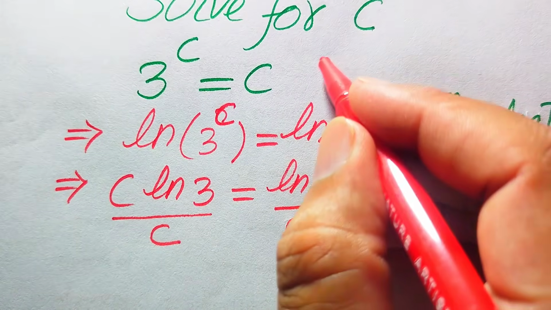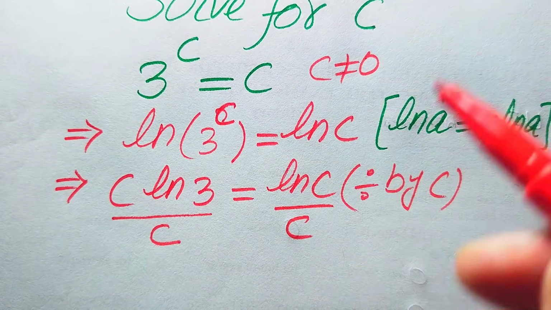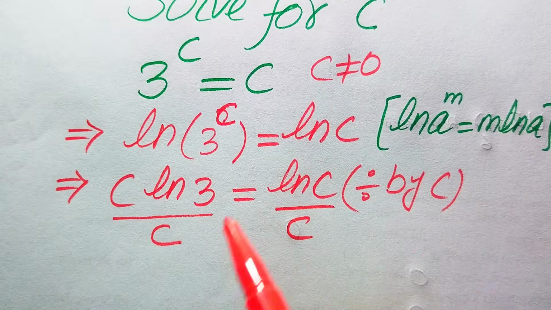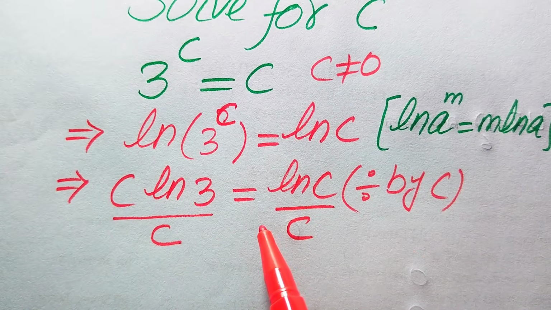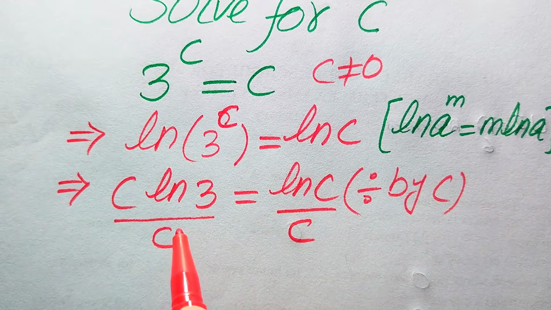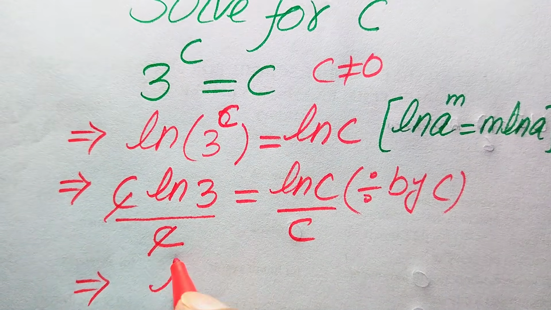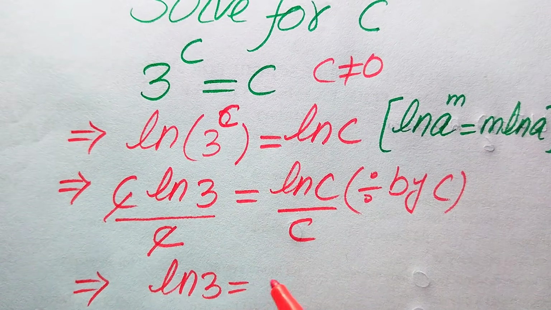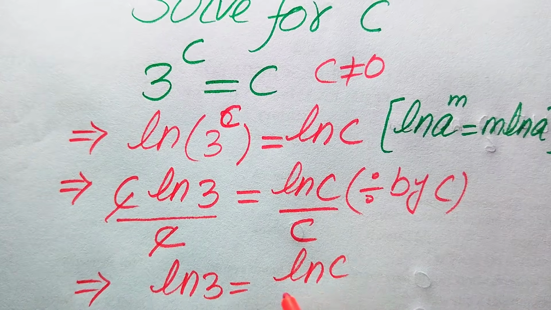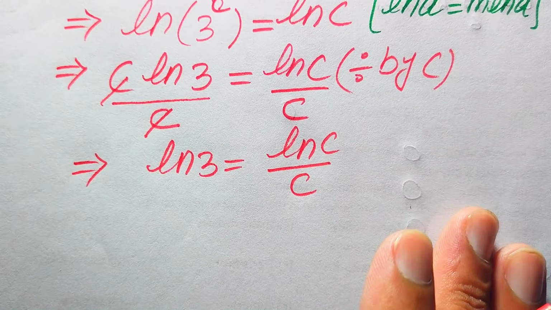Remember that c is a non-zero value, so it is possible to divide by c on both sides. Now this c and this c are gone, and we get log 3 equals log of c divided by c.